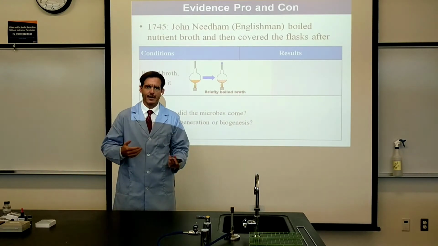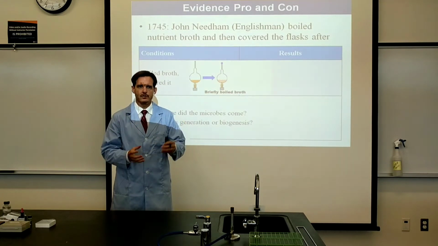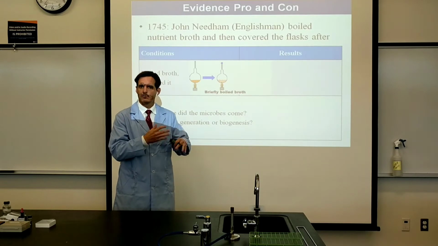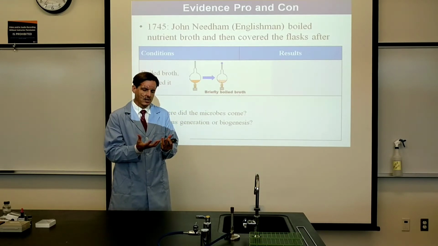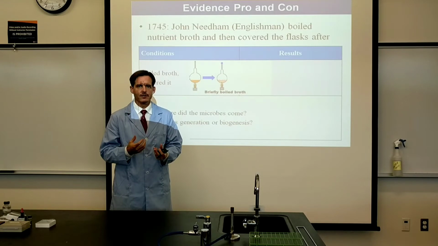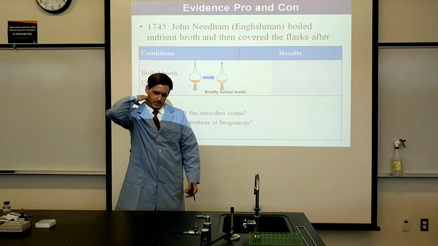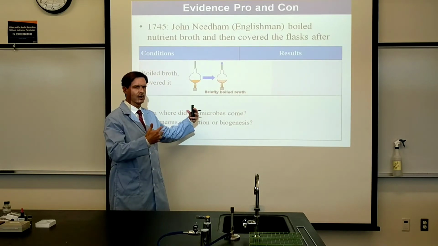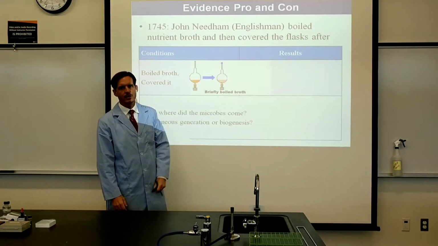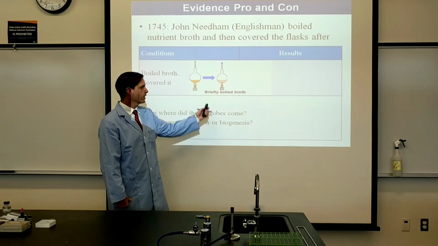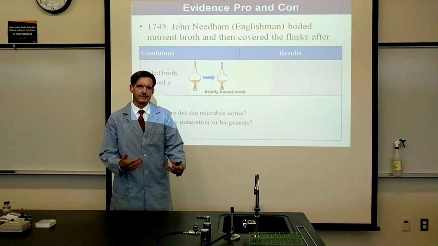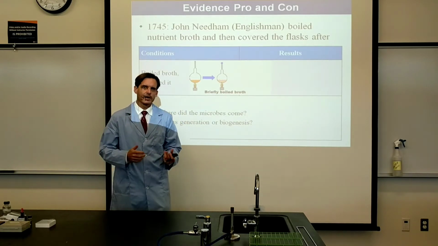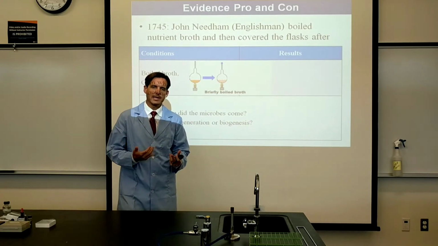All you have to do to make some broth is take any kind of nutrient source and boil it for a long time. You want chicken broth, put in some chicken parts and boil it for a long time, and the soup or the liquid that comes out of there would be chicken broth. And so John Needham had made some kind of broth, and if he left it around after cooking it, if he left it long enough, it would spoil. And the spoilage on the broth was caused most likely by bacteria.